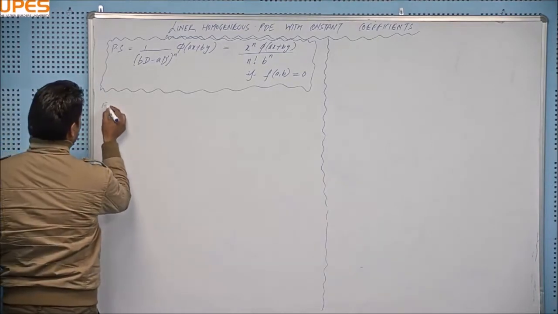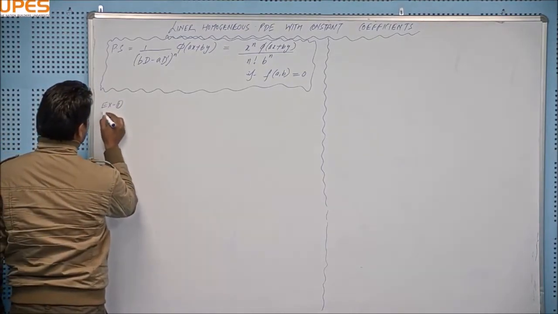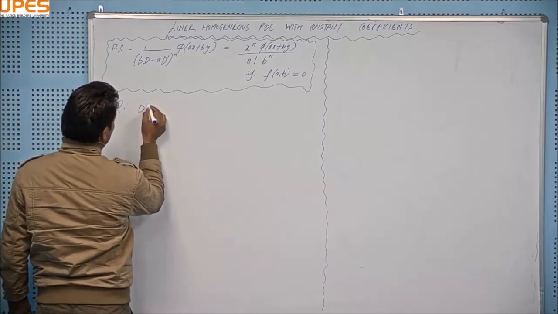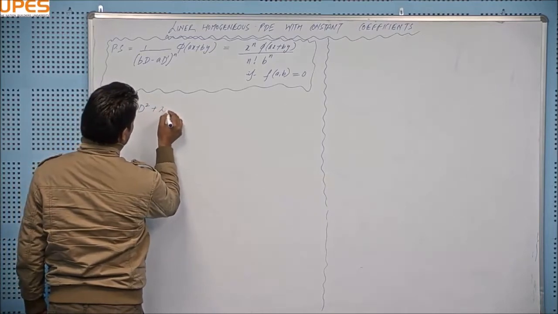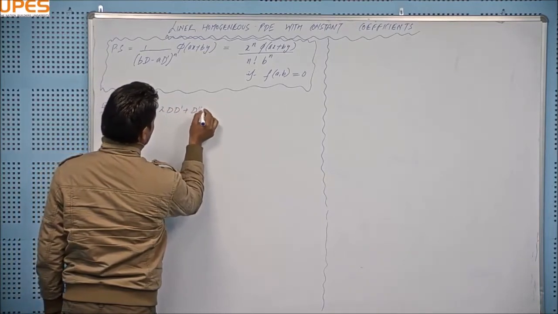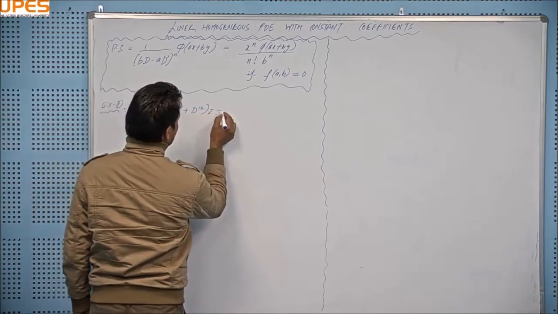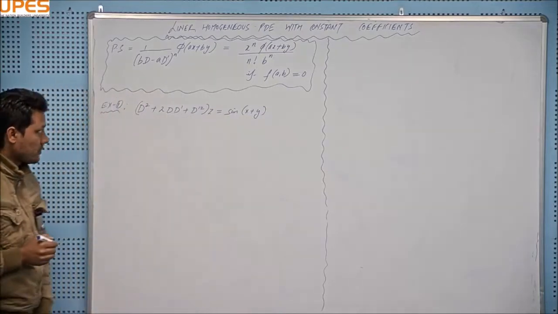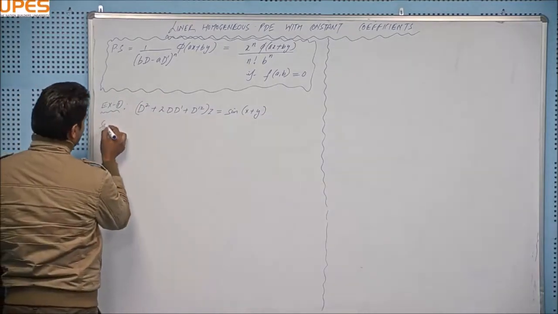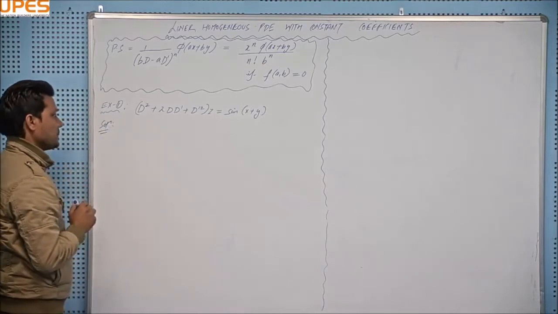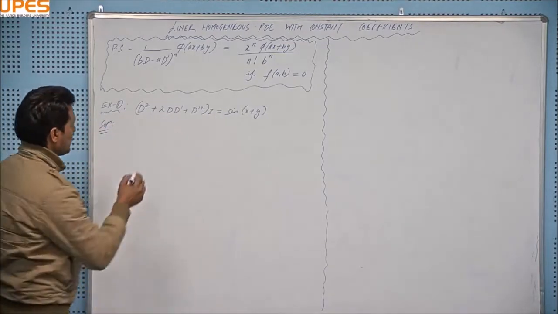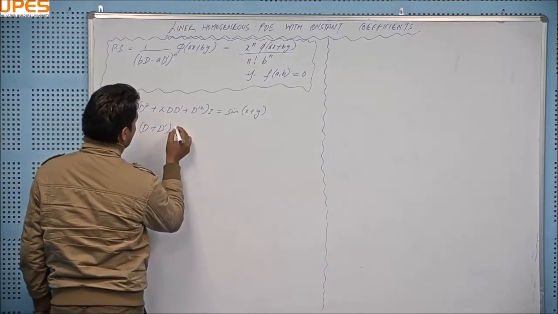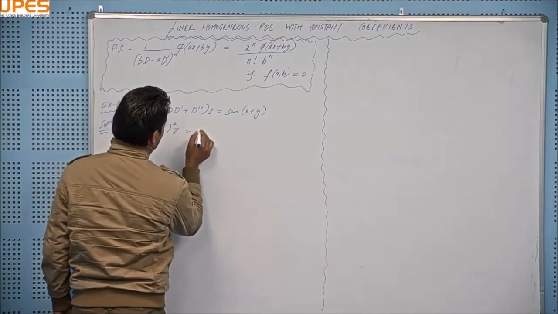So example number 1, solve (D squared + 2DD' + D' squared) z = sin(x + y). Solution: its factors will be (D + D') whole squared, z equal to 0.